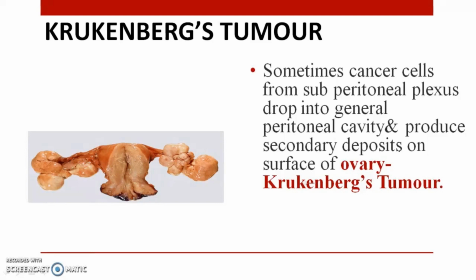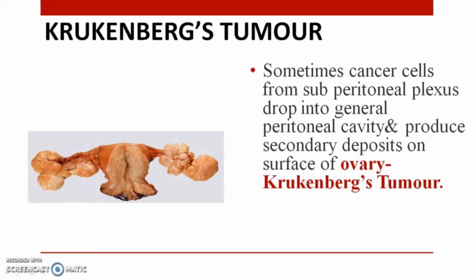From the subperitoneal plexus, some cancer cells drop into the general peritoneal cavity and produce secondary deposits on the surface of the ovary, which we call Krukenberg's tumor. You can make out in this picture the ovary affected by tumor cells, so we call this condition Krukenberg's tumor.